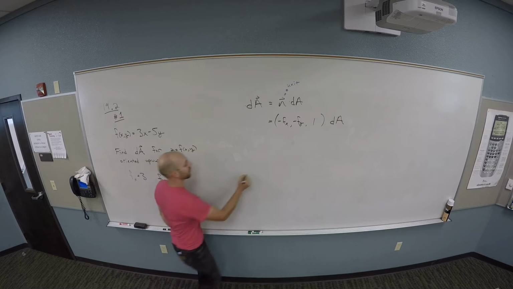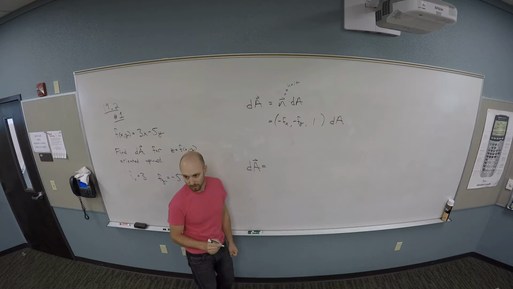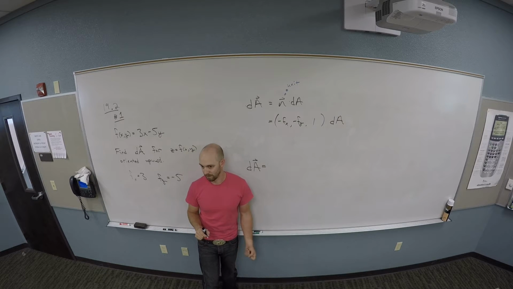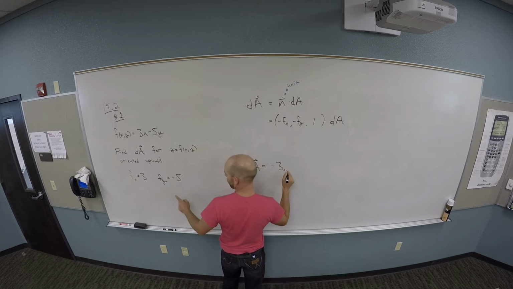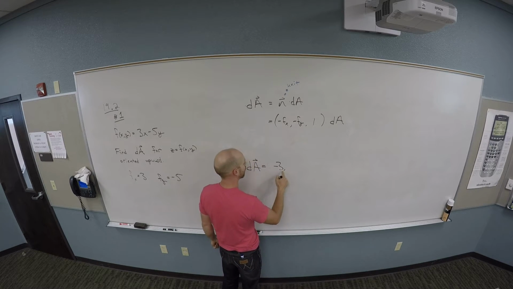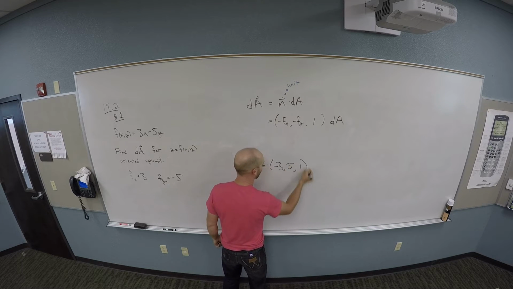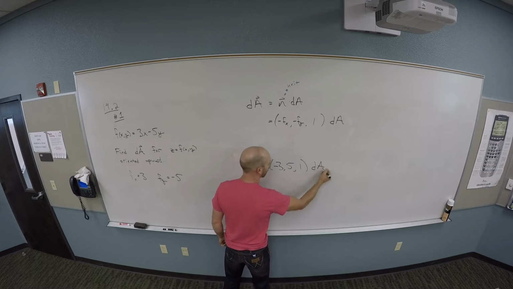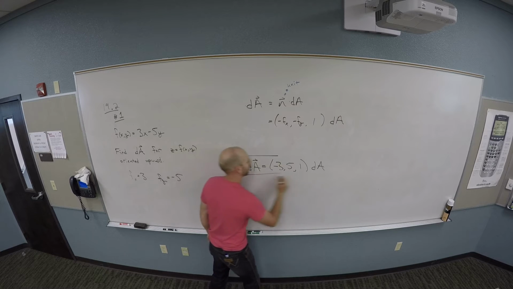Okay, so my d area, right, is the vector negative 3, 5, 1, 3i minus 5j, oops. I need a negative 3, oh, positive 5, and 1, times the regular area. Cool. Check. Bam.